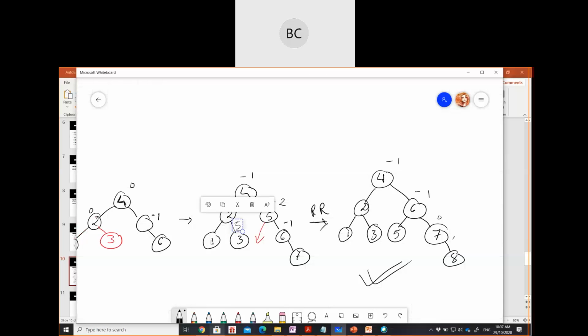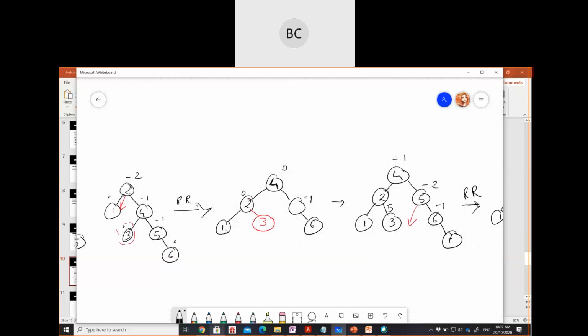In this case, you just saw the difference is at this point. Whenever the imbalance is at this point, I perform an RR rotation. That means a left rotation. I just pull it anti-clockwise, right? So at this moment, this will become the child of 2.